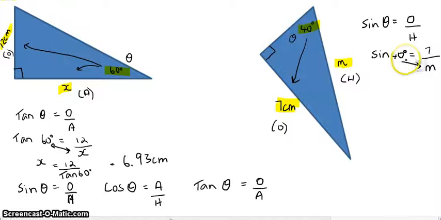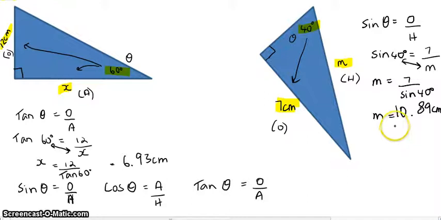Now we know when m's on the bottom we can swap this, and we have m equal to 7 over sine 40 degrees, and we put that in our calculator. 7 divided by sine 40 degrees, and we get 10.89 centimeters. Okay, and that's it.